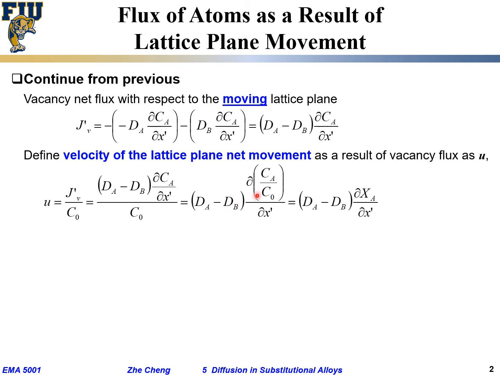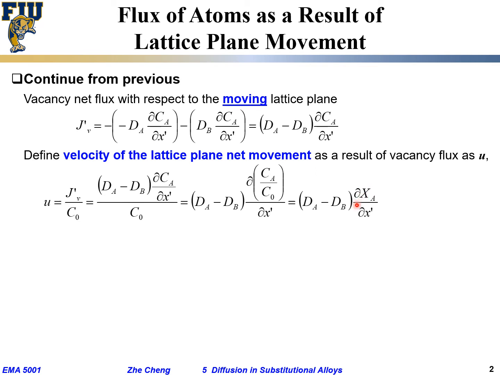We can put C0 beneath CA. From here to here, I put C0 beneath CA, and I put partial differential of x prime still down here. Make sense?